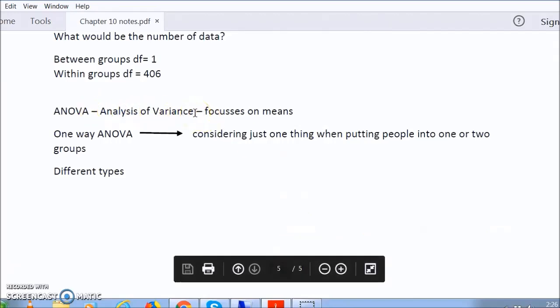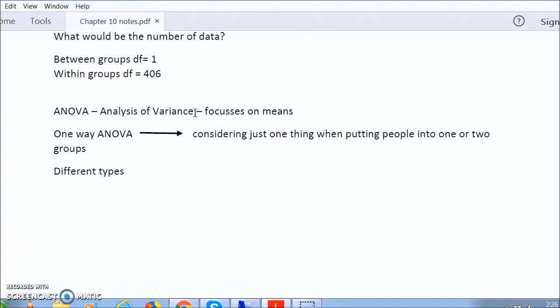It focuses on the means, and that is why if you look at SS, which stands for the sum of squares, and then you also have MS, which stands for the mean square. So it actually takes those into calculations and gives you a value of F equals 26.340. You don't need to know the calculation right now, but we do need to talk about what ANOVA is.